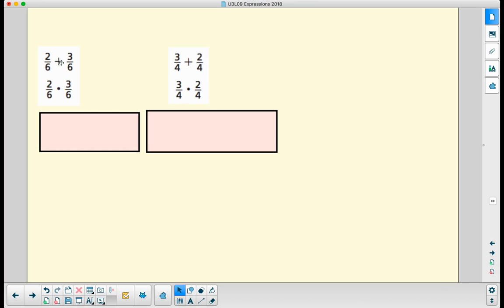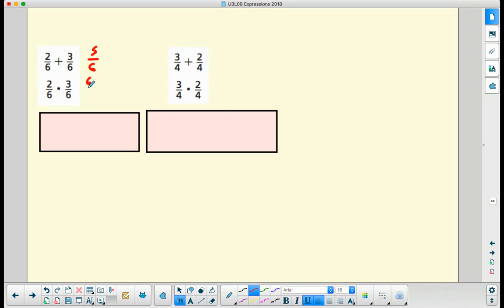If I had 2/6 plus 3/6, I add my numerators and I have 5/6. But when I'm multiplying 2/6 by 3/6, I multiply numerators and I multiply denominators, I get 6/36.